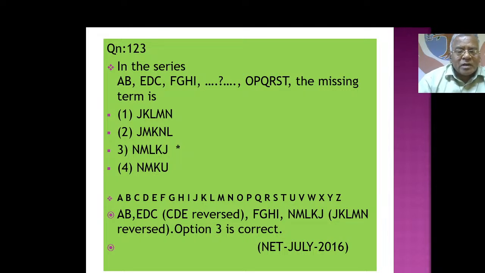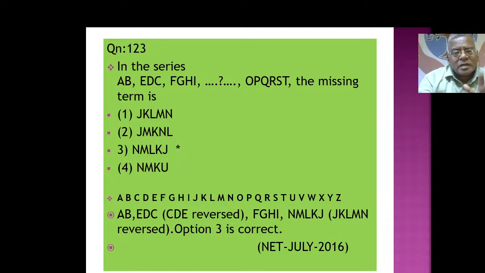See the second term, EDC. Actually, EDC is a reversed form of CDE. Have you got the point?